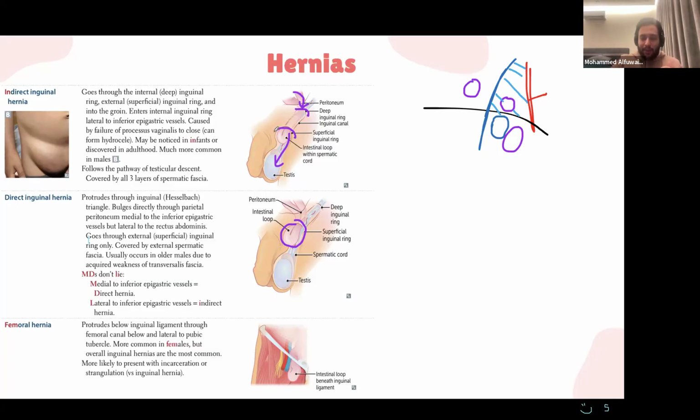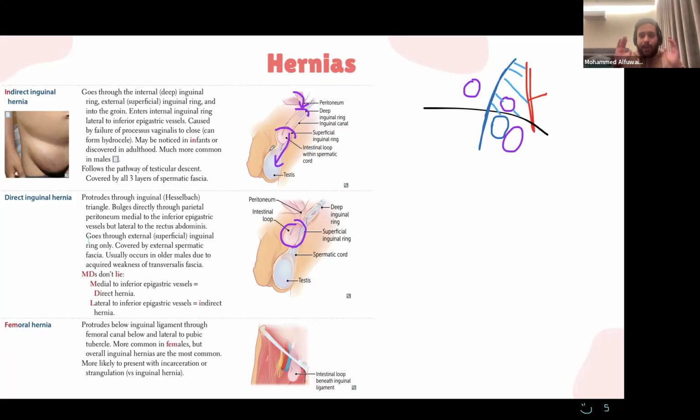This loop of bowel, the hernia, will herniate outwards. Then you ask the patient to stop, and it will go back. You can reproduce it manually, and it will go back in. This is what we call reproducibility.